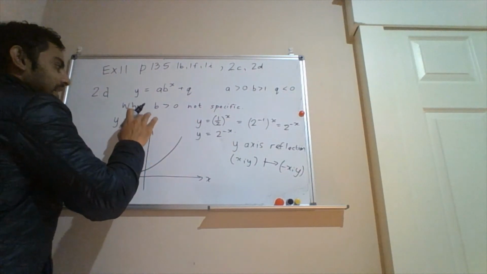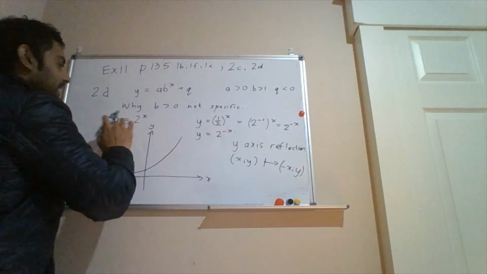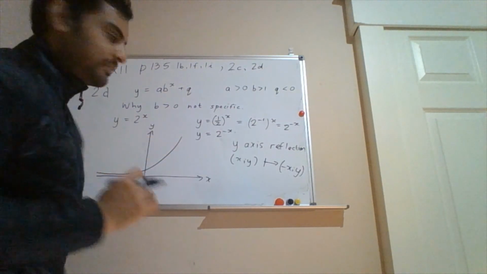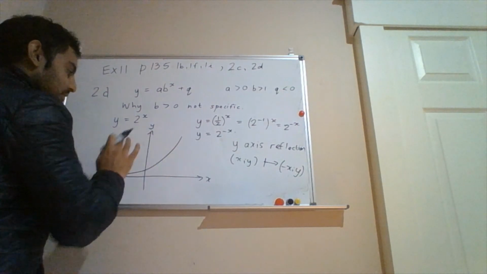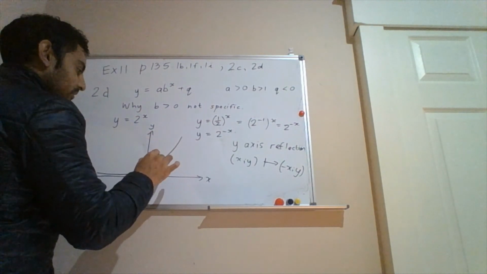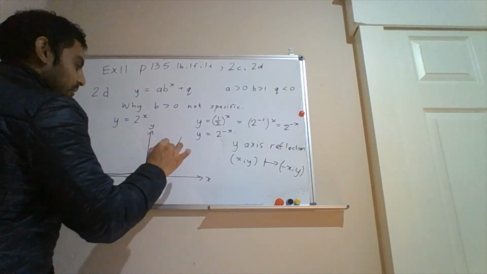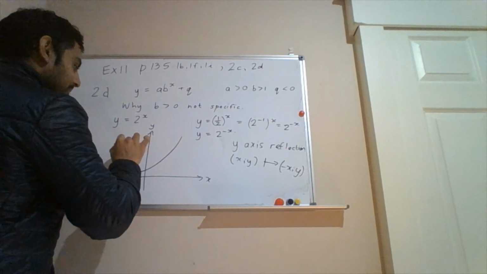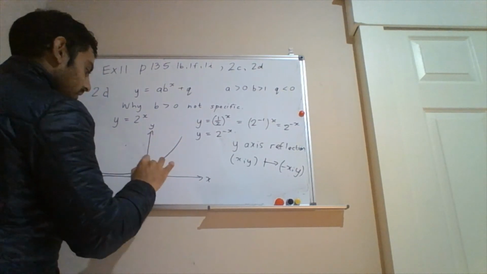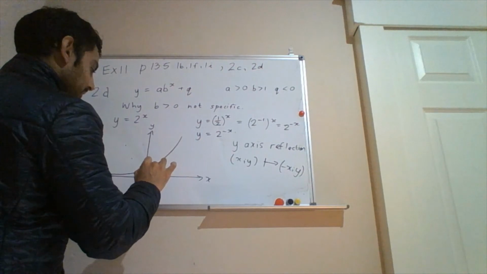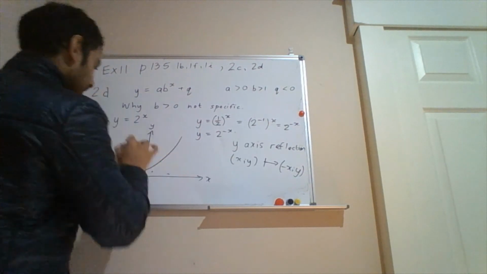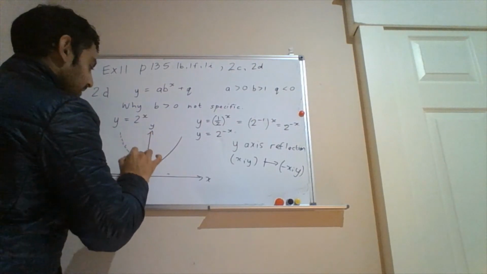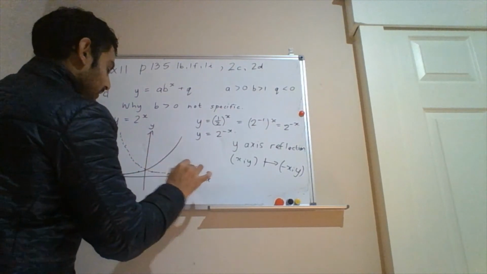We're changing the x from positive to negative and we're keeping y the same. So if we're reflecting this graph about the y-axis, we make all the x values negative while keeping y the same. So this one will be flipped here, this one will be flipped here, and we get the mirror image like this.